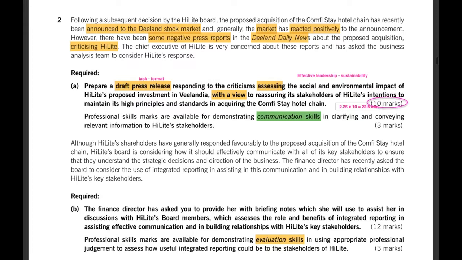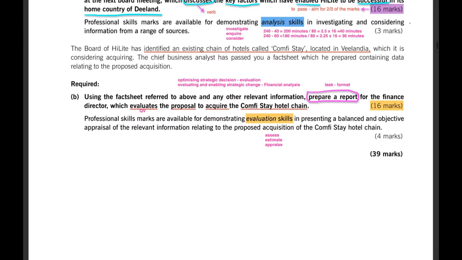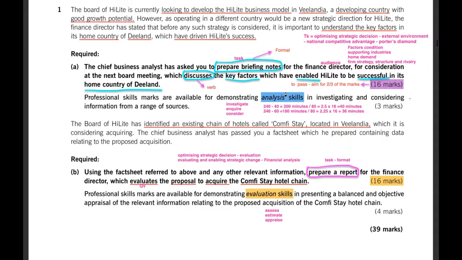Similar to the previous requirement, remember I put here: to pass, aim for 2/3 of the marks. If you are not able to write full marks for 16 marks, at least aim for 2/3 of the marks in your answer.